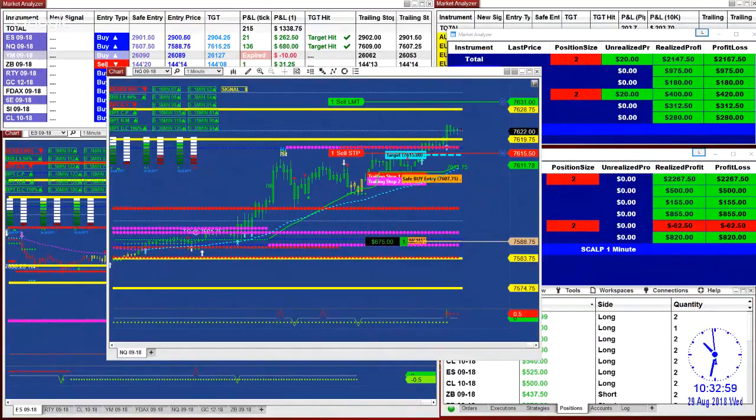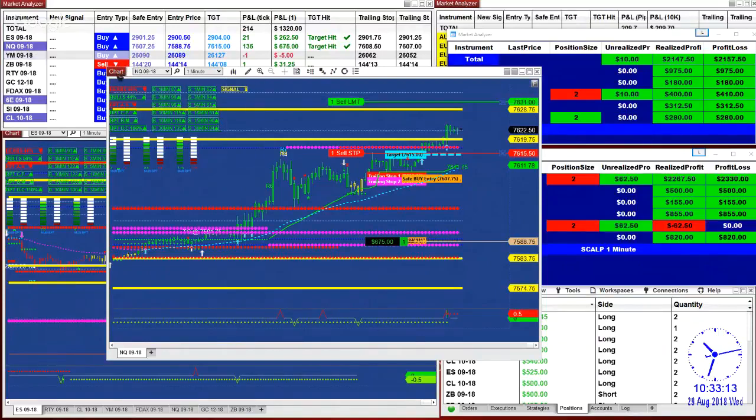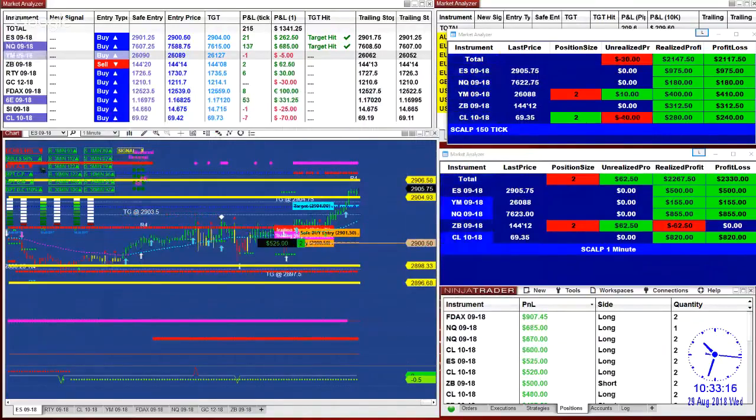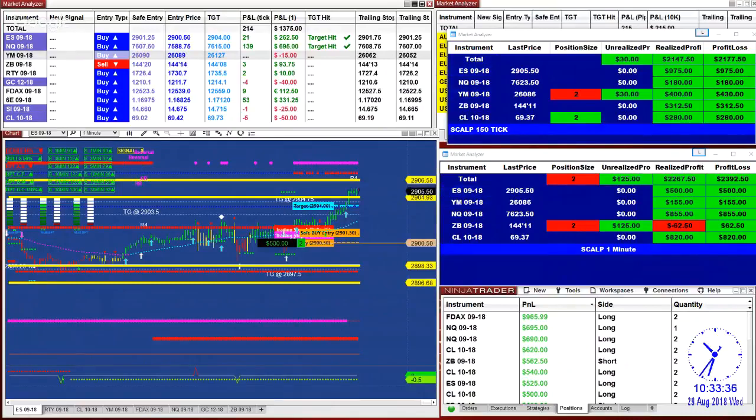Okay. The YM is still flat, folks. The entry is 60.89.